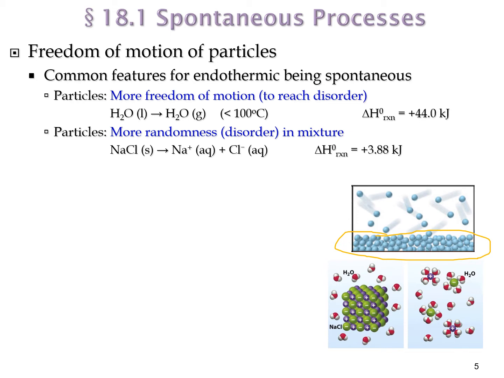All right, so imagine that we've got a piece of sodium chloride right here, surrounded by water molecules. And we have water molecules that have certain motion because it's a liquid, right? What about sodium chloride?